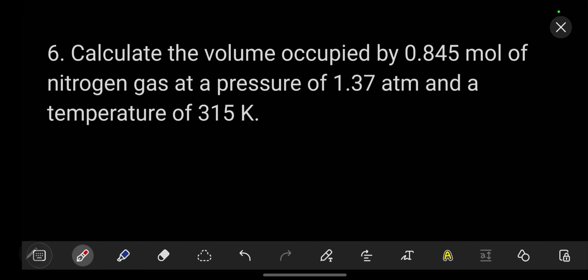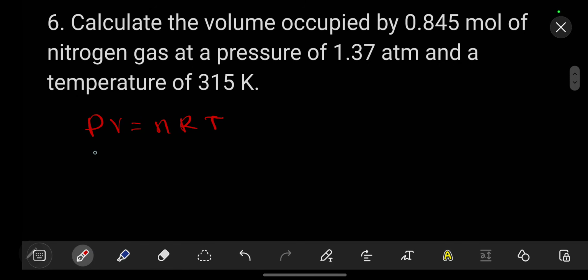Now, since we are provided with the moles, the pressure, and the temperature, we are going to use the ideal gas law. According to the ideal gas law, PV is equal to nRT. Making volume the subject of the formula means divide by pressure, so V is equal to nRT over the pressure.